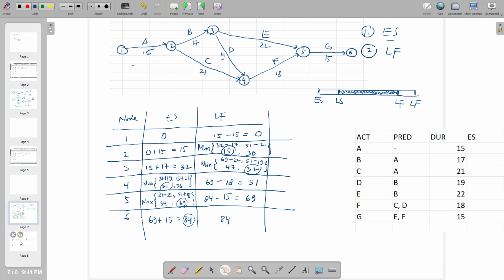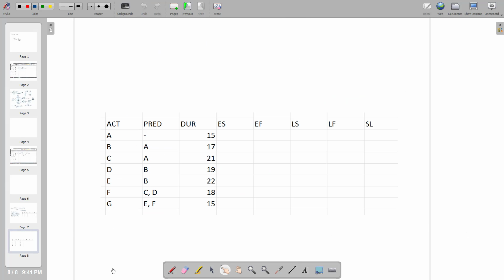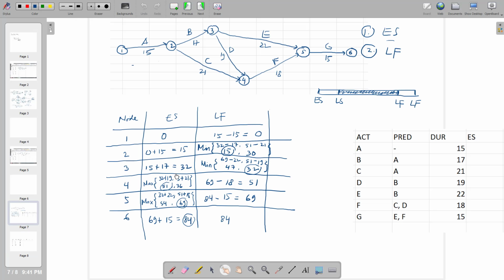Okay, never mind. Since we already have the data over here, we just need to put the calculation inside. So let's start with the calculation for the early start. As you can see from the network diagram, what is the early start for activity A? Early start of activity A is represented by node number 1, which is 0.